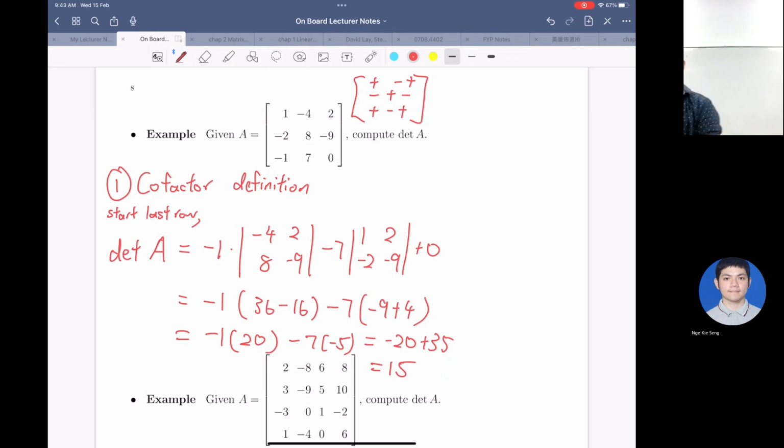Let's see, we can use the elementary method to compute this. Elementary matrix, meaning we can row reduce first and then compute. Let's see what's the easiest step to do.